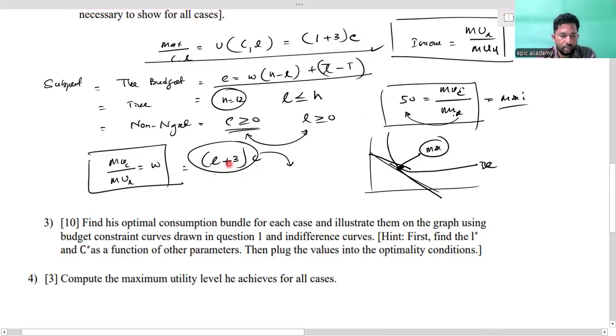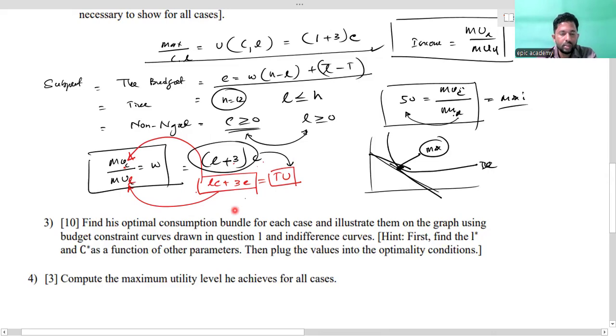C multiplied by L becomes LC, and 3 multiplied by 3C. So this is the equation, the total utility equation. By using that total utility equation, you can develop the marginal utility of C and the marginal utility of L.